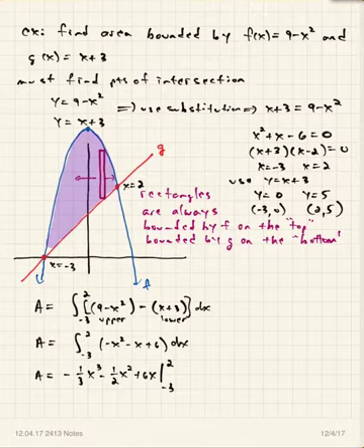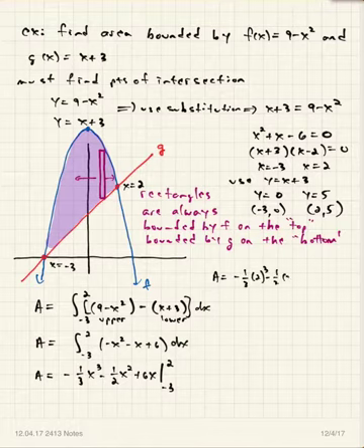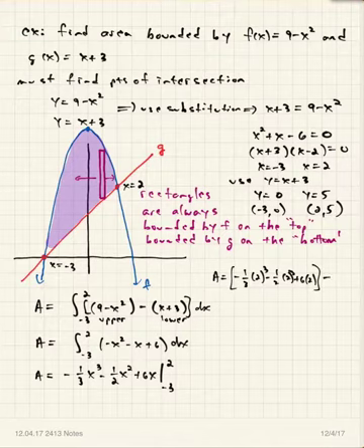All right, and at this point, you've got some kind of messy arithmetic here. So you have negative 1/3 times 2 cubed minus 1/2 times 2 squared, and then plus 6 times 2. And so I'll put that in brackets, and then that's minus the lower limit. We're putting in negative 3 here.